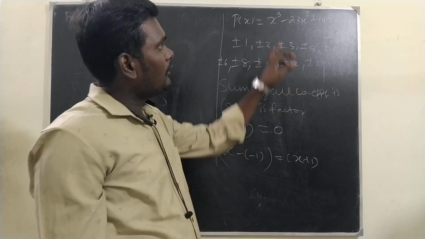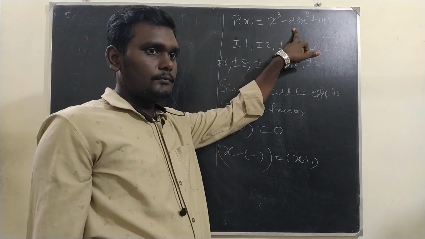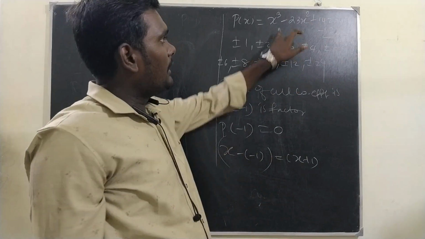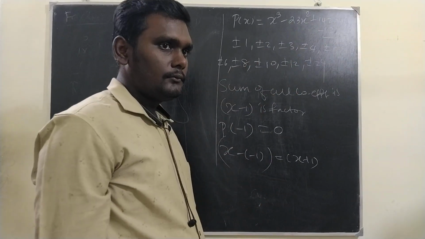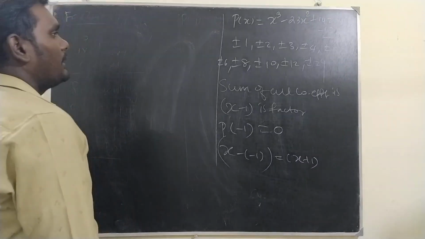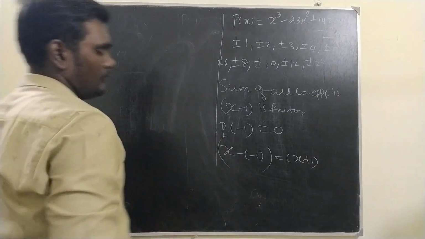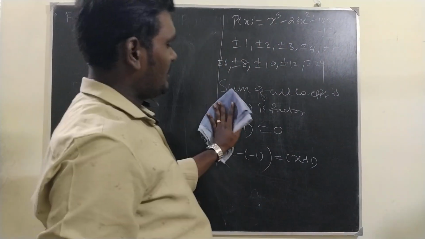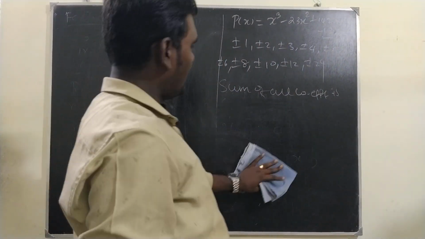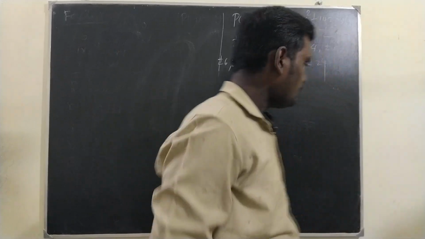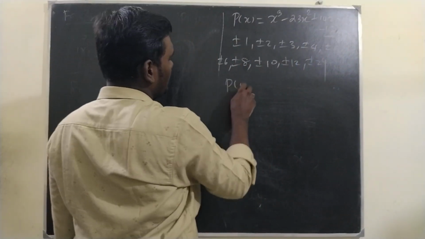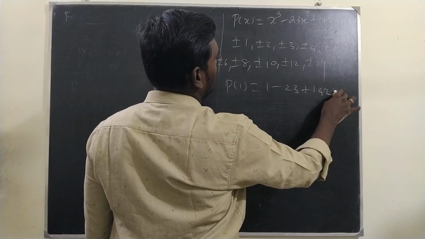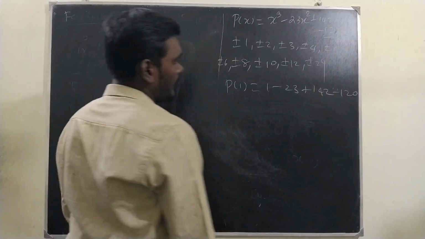For this polynomial, what may we get as a factor? Plus 1, the sum of all the coefficients. 1 minus 23 plus, yes, plus 1. When you substitute plus 1, what do you get? Simply within the first few numbers you may get the answer. When you substitute x is equal to 1, p of 1 is 1 minus 23 plus 142 minus 120.